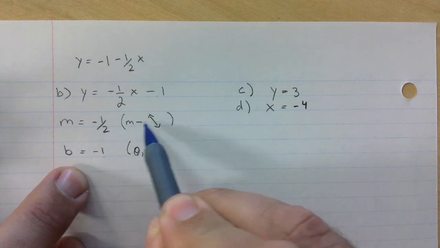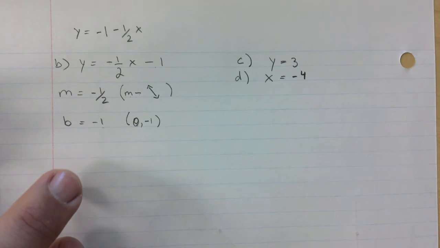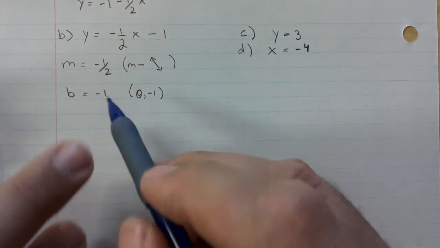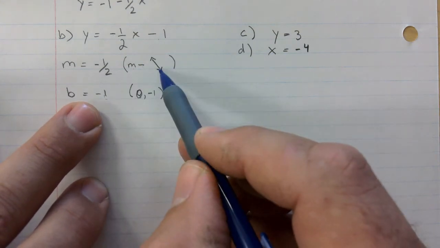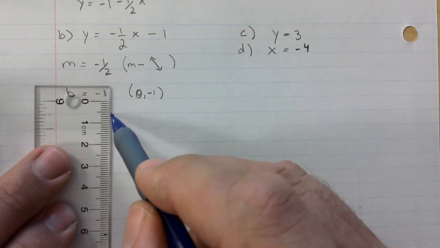Right? Slope is negative. That's what I'm expecting the line to look like. And so let's see. If you start at -1 and you're going to drop, right? You need to make sure that your negative has a lot of room.